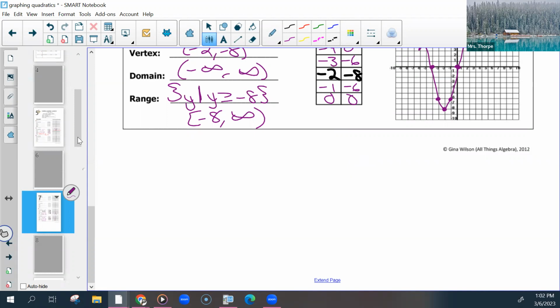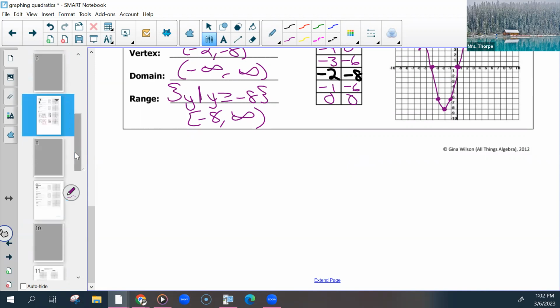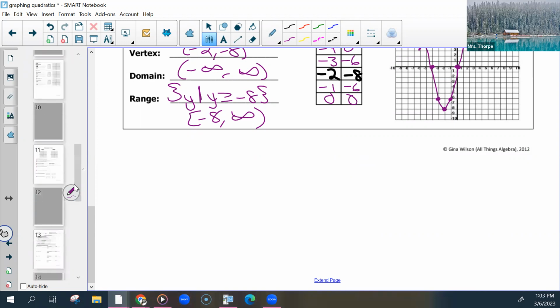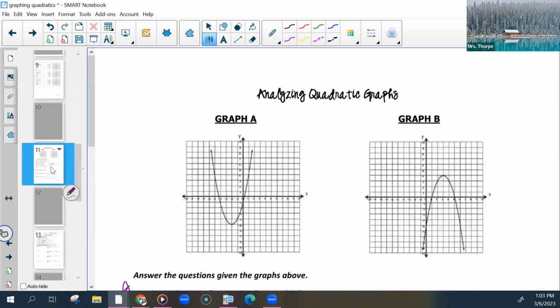Once you have all that written down, find the page that says analyzing quadratic graphs. So this is like review on all the stuff we've been talking about, graphing quadratics, put into one page.